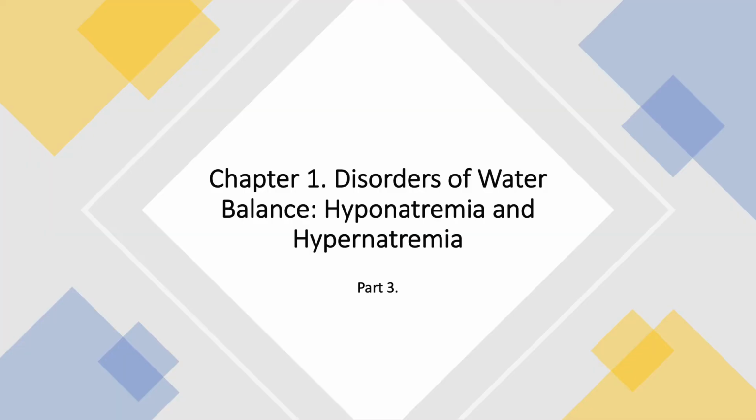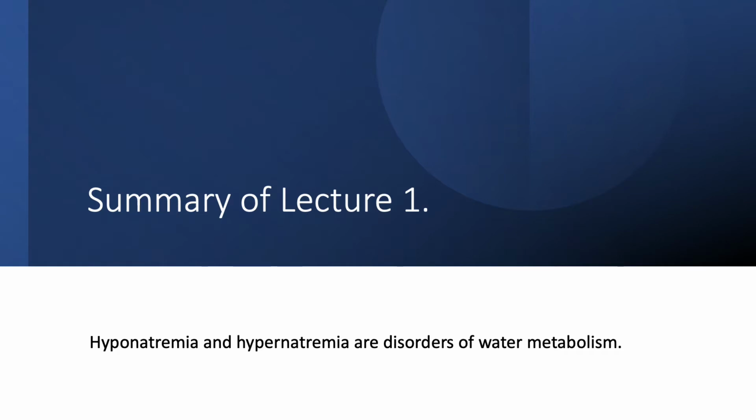And we're still on Chapter 1, Disorders of Water Balance, Hyponatremia, and Hypernatremia. This is Part 3. Now, I'm going to summarize in a couple of minutes Lecture 1 and Lecture 2. The focus of Lecture 1 was that hyponatremia and hypernatremia are disorders of water metabolism.